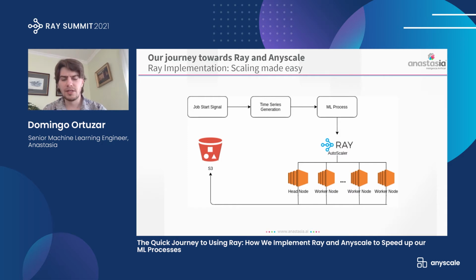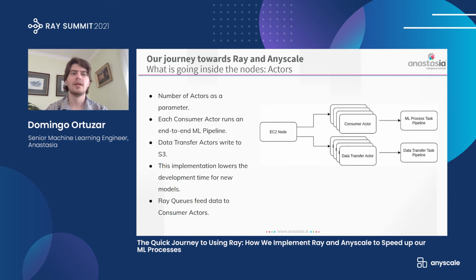We are also using a head node to properly send the tasks to the different worker nodes. And we also made some fixes inside our code that allow every node to work with every single type of model. So how about we take a closer look inside what's going on in the nodes.